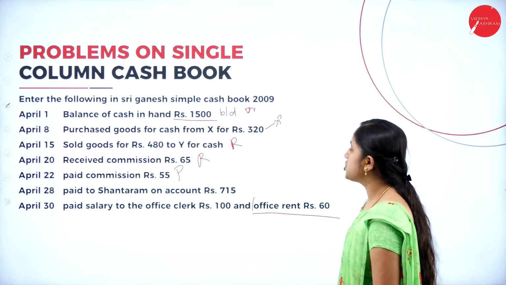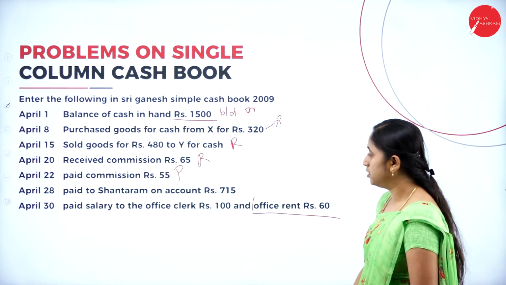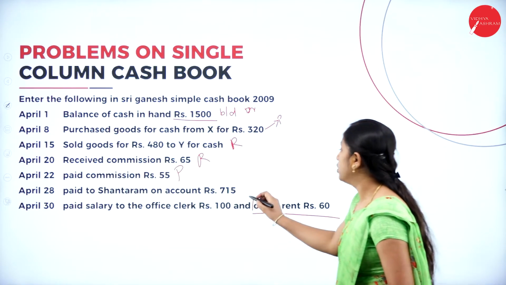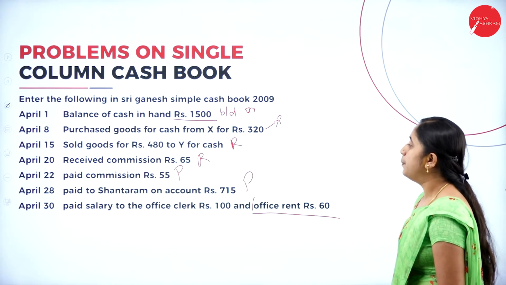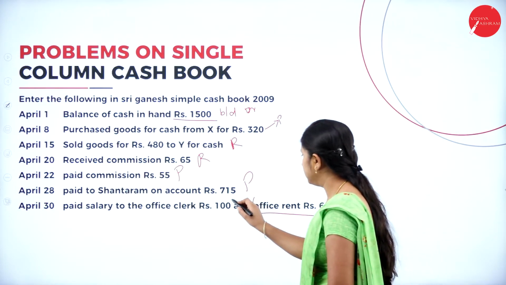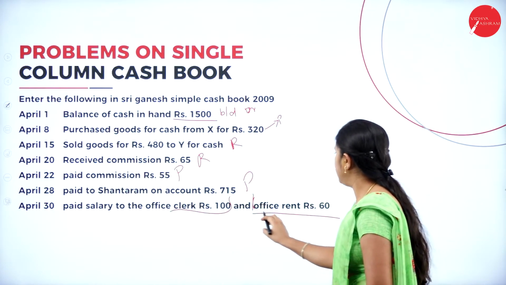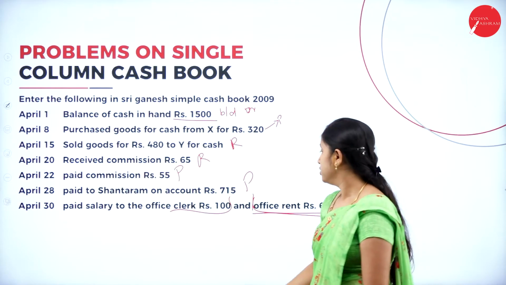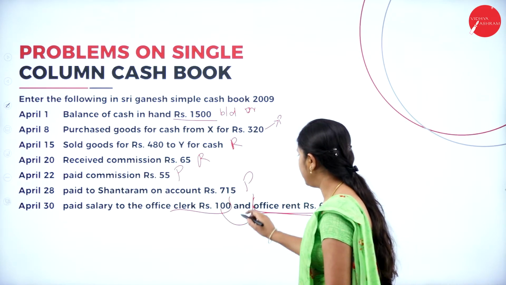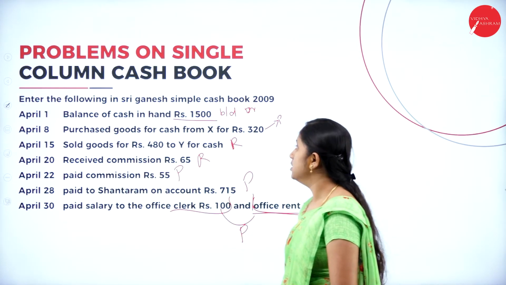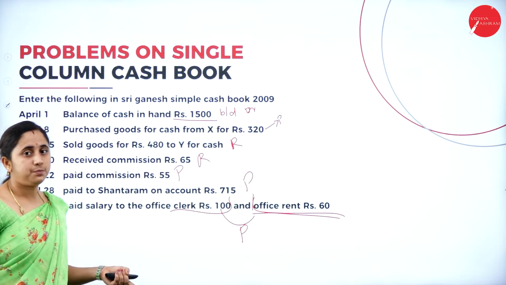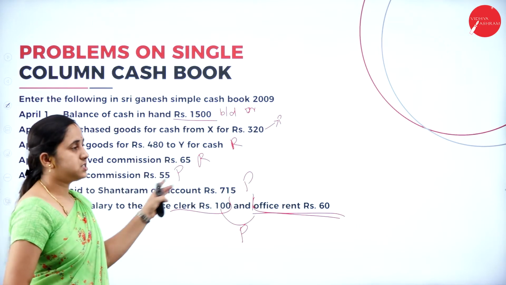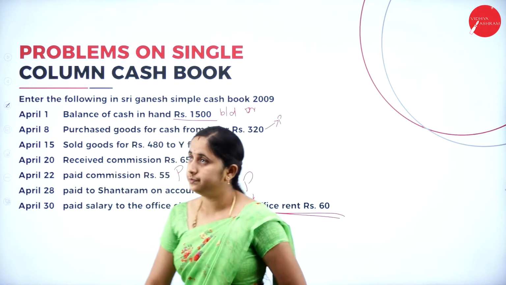Next, paid to Shantaram on account. That means you are going to pay Shantaram rupees 715. This is the payment. Next, paid salary to the office clerk. This is one transaction and office rent 60. So, both are payment. First you need to identify whether this is the payment or receipt. Then start posting or start doing the problem.